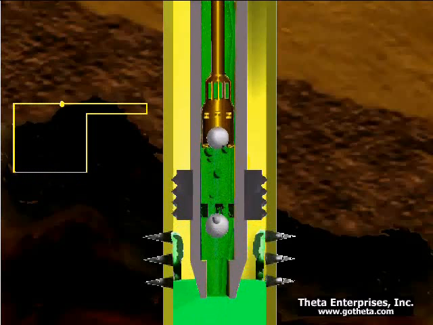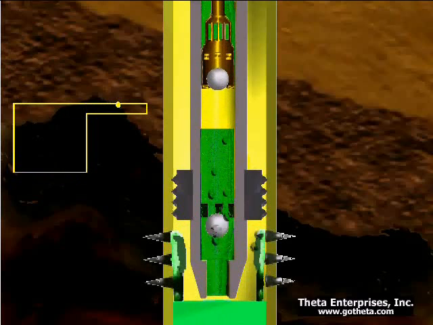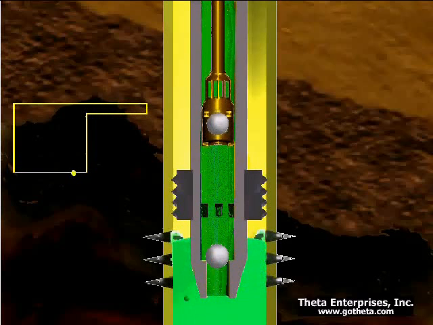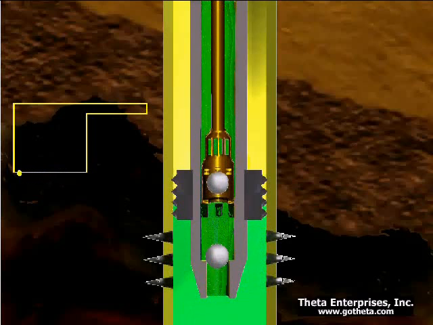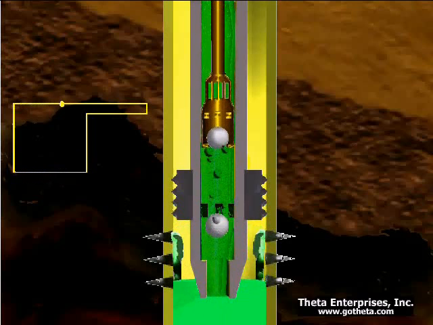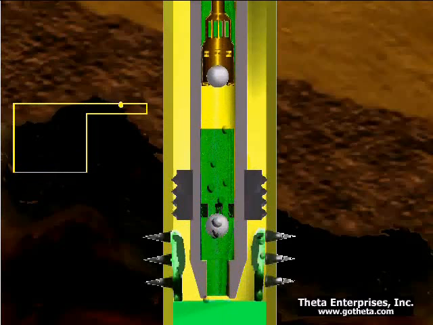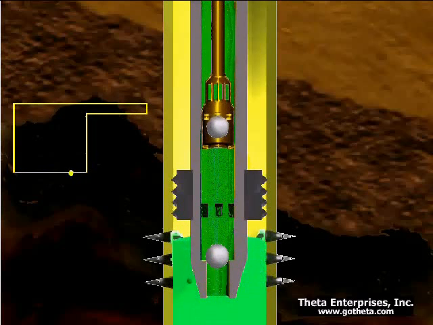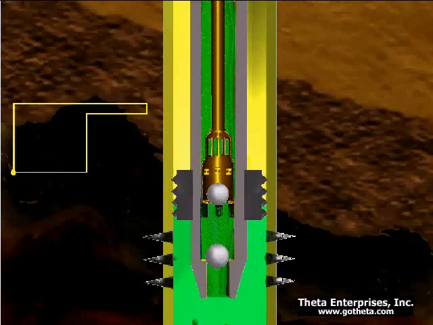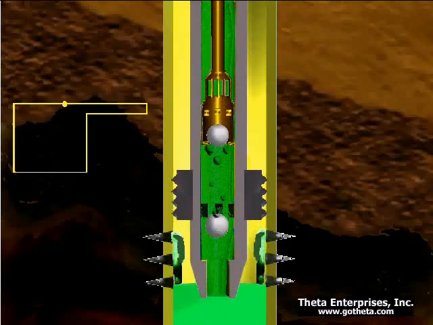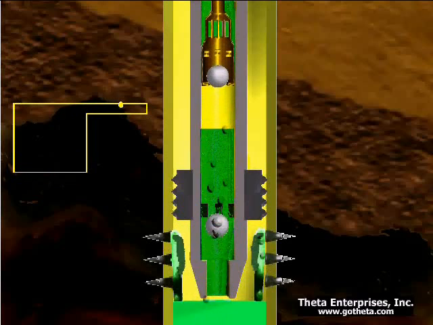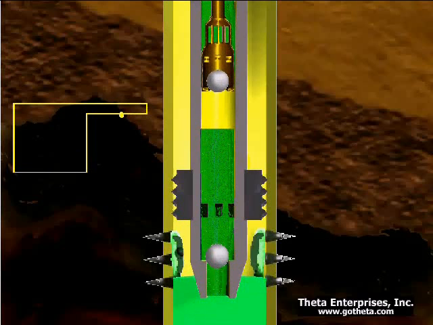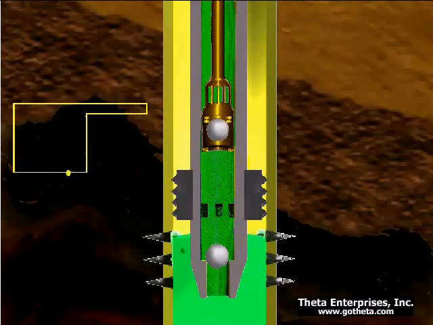Would that be considered a vacuum inside the pump, because you're not compressing anything when the ball is dropping? It's not a vacuum. The gas in the pump is at the same pressure as the casing pressure. So it's low pressure, but it's not a vacuum. Like if your casing pressure is, let's say, 50, 60 psi, you're going to have a little bit higher than that in the pump because of the gradient of the gas, but not a lot more.